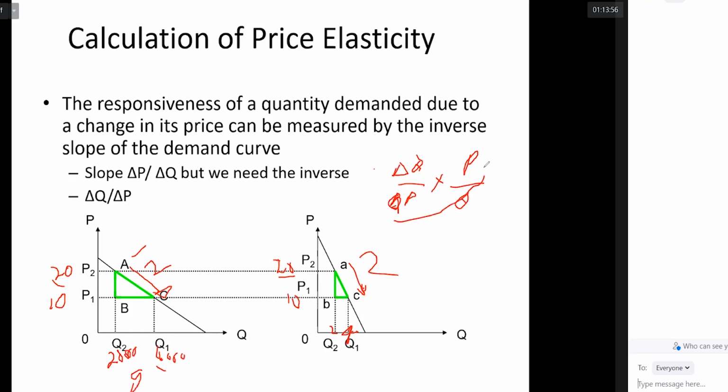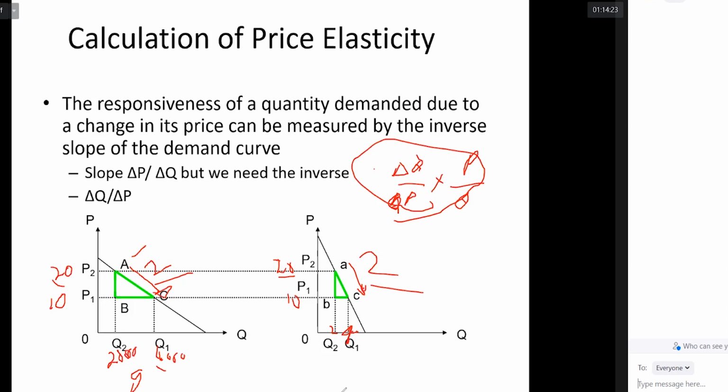If you put this equation with the two cases, you get 2 here and 2, right? So whatever the measurement unit, finally your elasticity will be the same. So it is elastic, greater than 1, whether it is kilograms or grams.